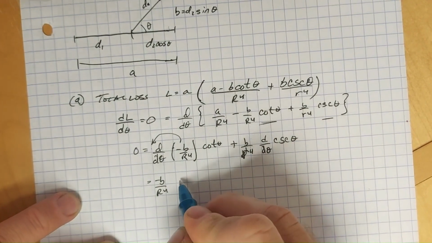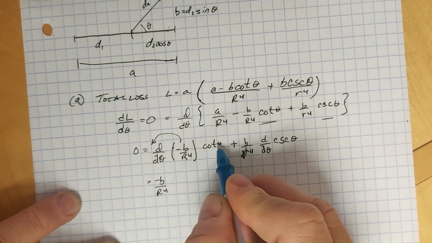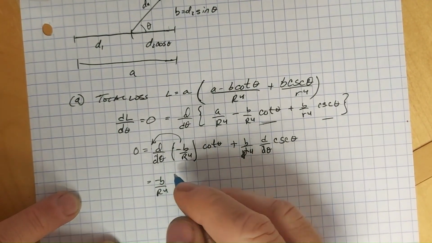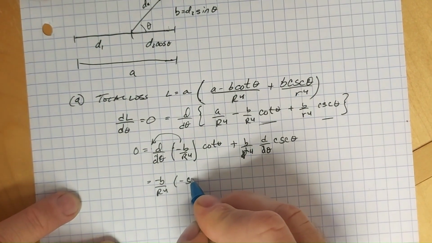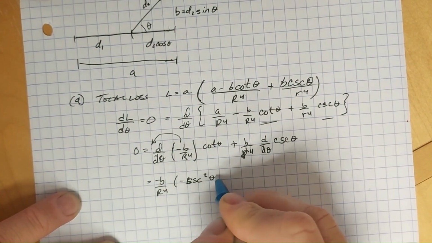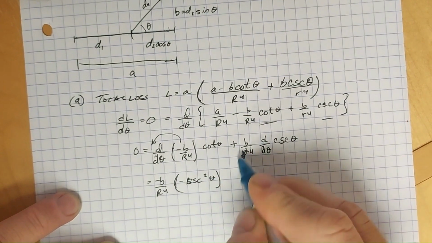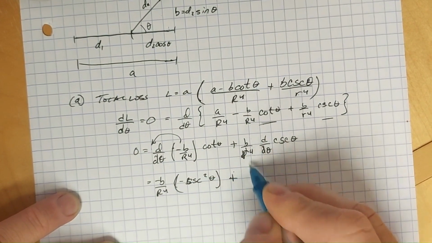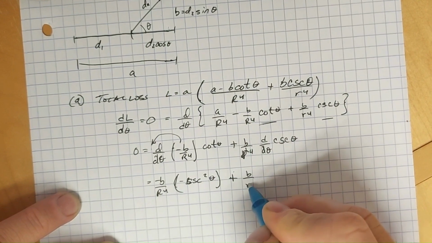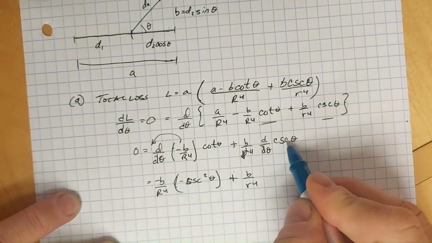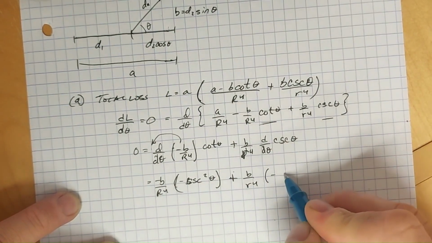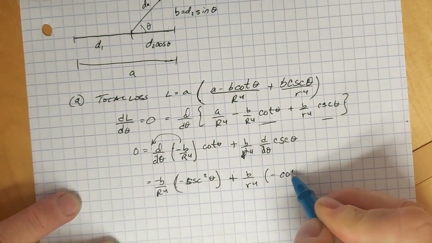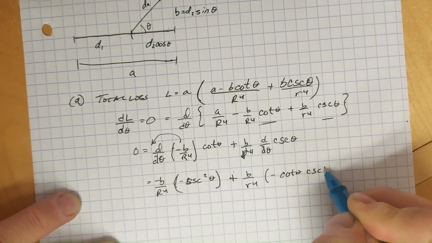The derivative of cotangent of theta with respect to theta is going to be negative cosecant squared theta, and then differentiating here, we're going to have plus b over little r to the fourth, and the derivative of cosecant theta with respect to theta is going to be negative cotangent theta cosecant theta.